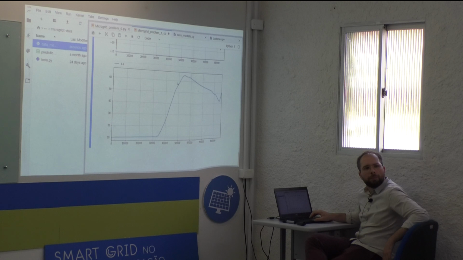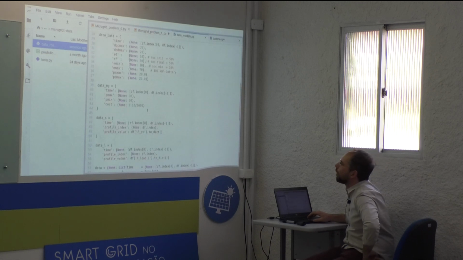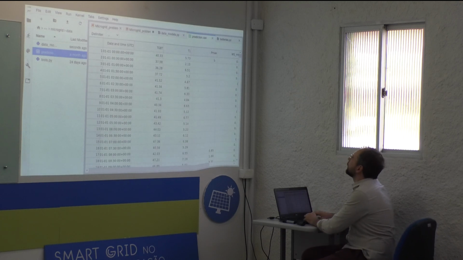Se a gente botar mais geração, talvez. Vamos ver se botar mais geração. Como que eu vou fazer isso? Porque daí tem que aumentar essa coluna aí.